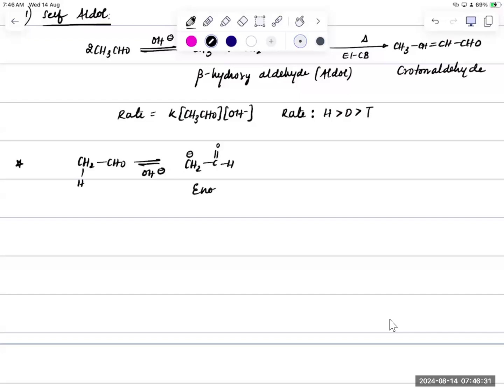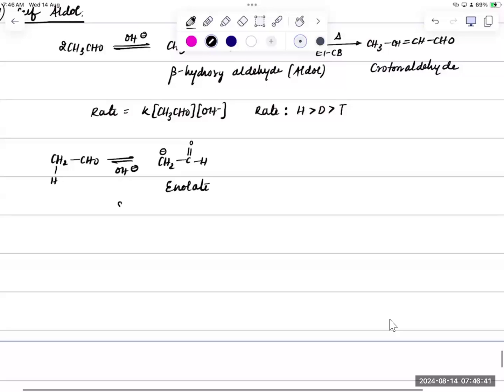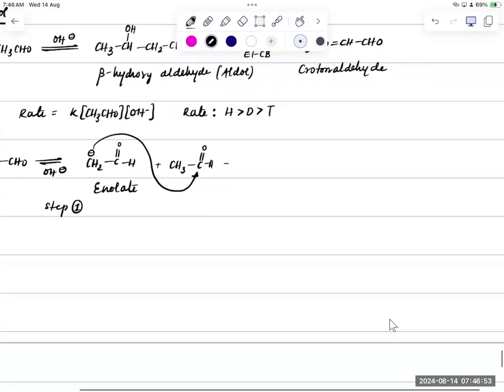This is step 1. When this enolate ion is treated with CH3CHO, it will attack, and that's how we get CH3CHO minus with CH2CHO. This is step 2, and in step 2 we get an alkoxide ion.